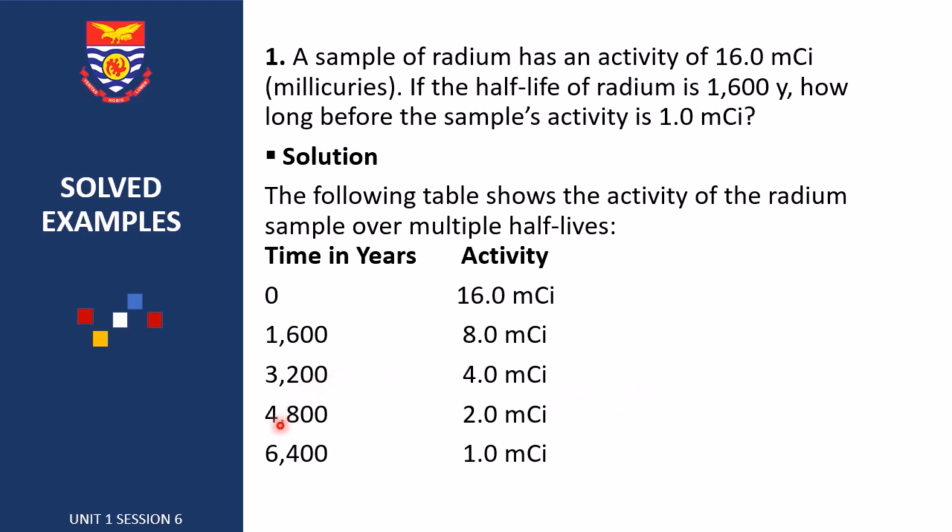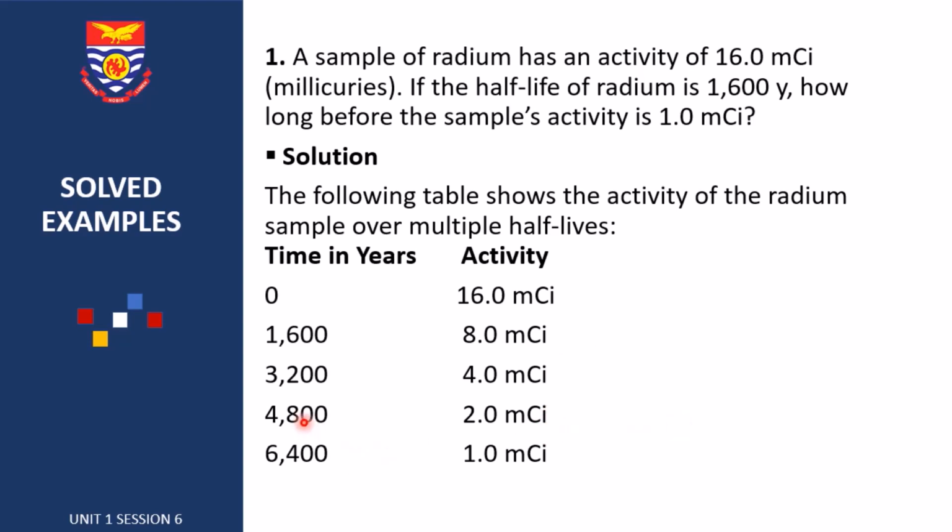After another 1600 years, which will make the total 4800 years, half of what we have at 3200 years, that is after the second decay, will also decay. So if half of that is decaying, we'll have 2 millicuries.